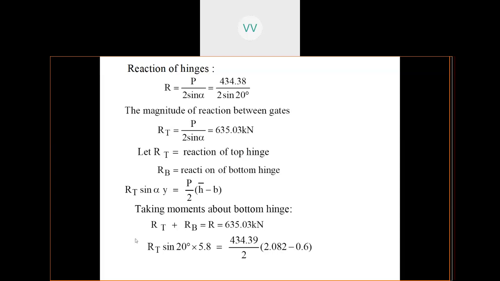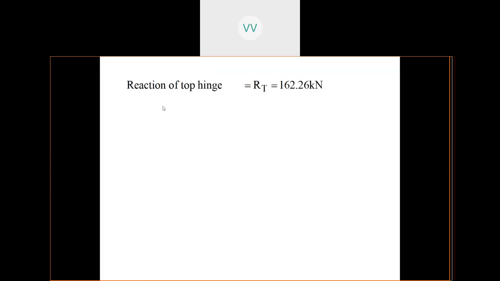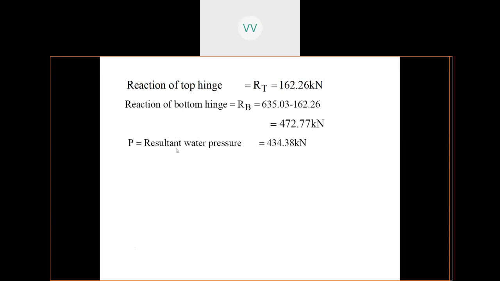So now find out the value of RT. The reaction of the top hinge is equal to 162.26 kilo newtons. Then coming to the reaction of the bottom hinge, 635.03 minus 162 gives a value of 472.77 kilo newtons.